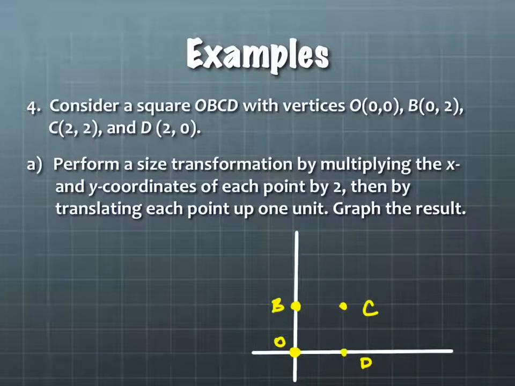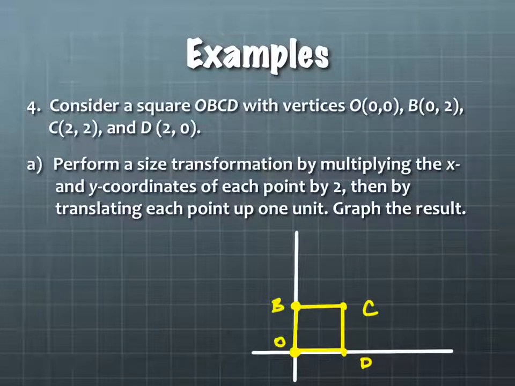Okay, and it says this is a square, so it's intending for me to connect my vertices. Does that make sense? So consider square OBCD with vertices listed there, and then we're ready for part A.